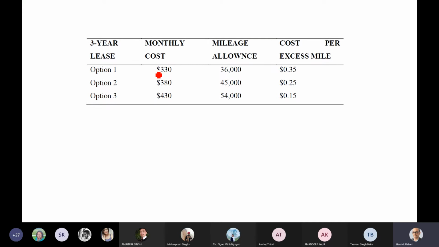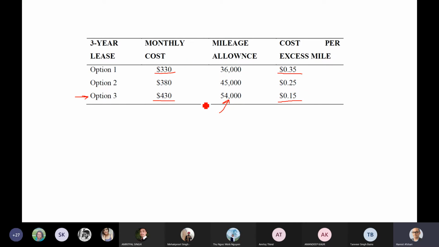So as you can see, we have two types of cost, a fixed cost and a variable cost. Option number 2, option number 3, all of them are given here. As you can see, if she goes with a higher mileage allowance, she has to pay more monthly cost and less for excess miles, because everything is already covered in previous costs.